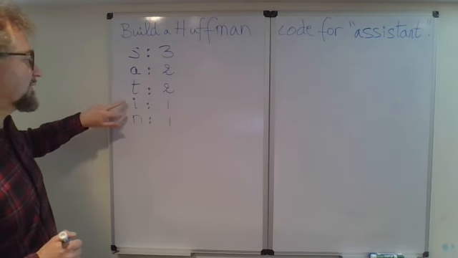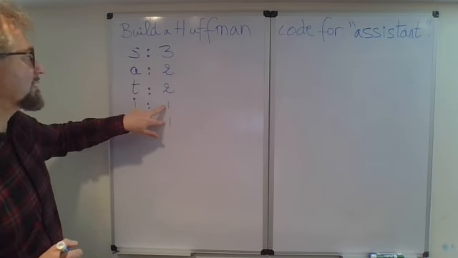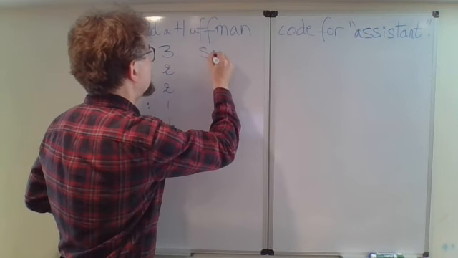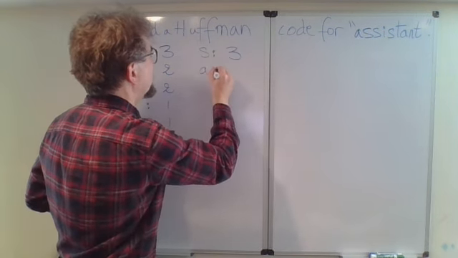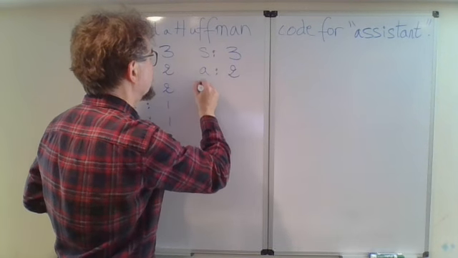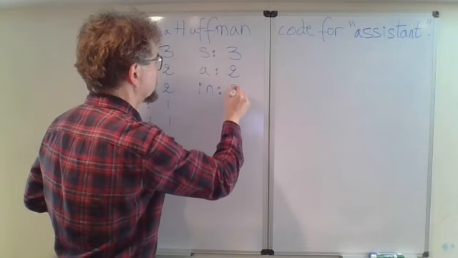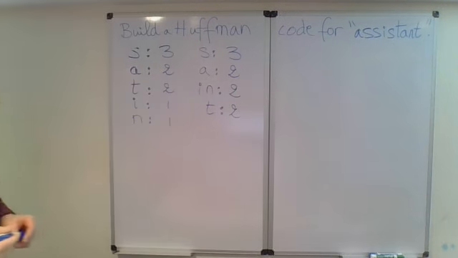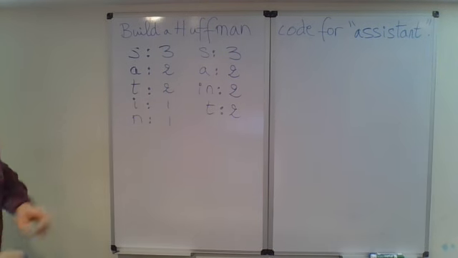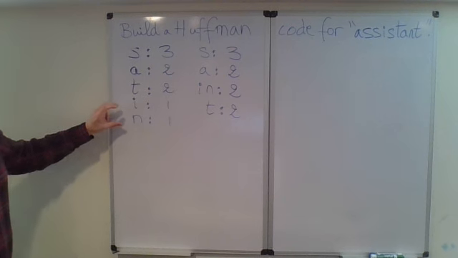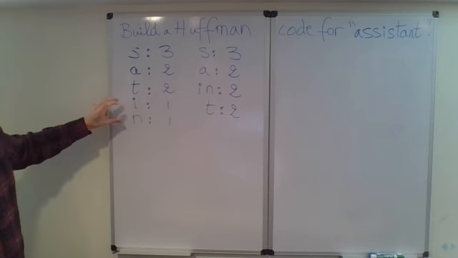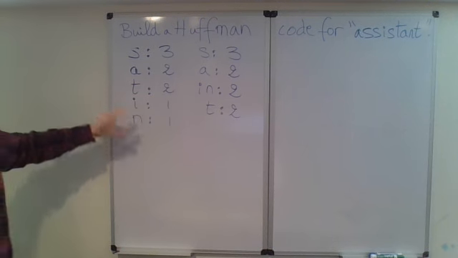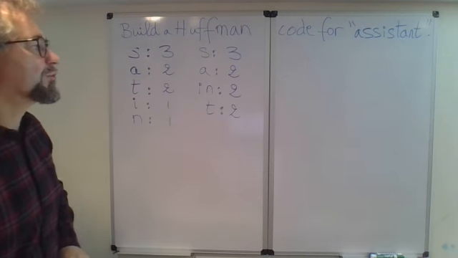So we will say that IN occurs twice, and we will insert it in the frequency table also in alphabetical order. So the IN comes before the T. So the invariant in the algorithm is that the two least occurring characters always are at the bottom, and we continue as long as we have more than 2 rows.